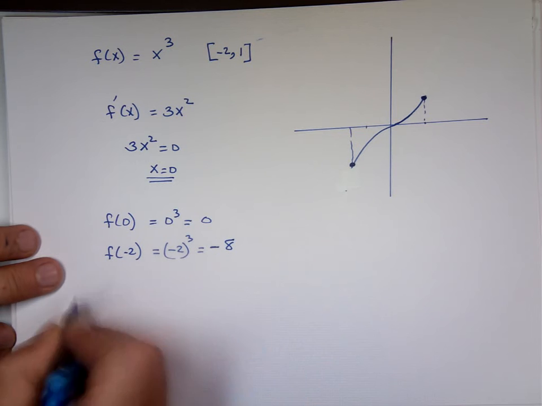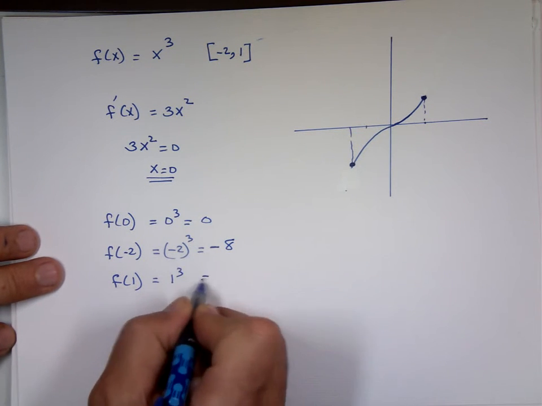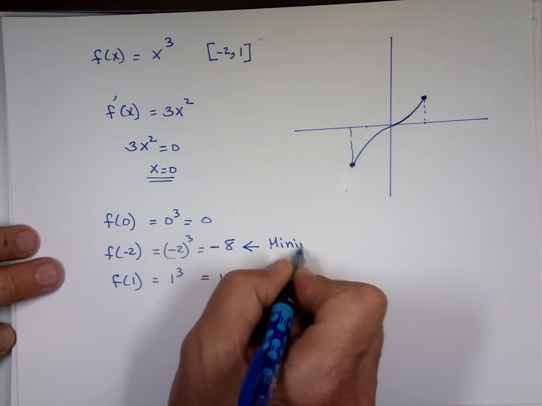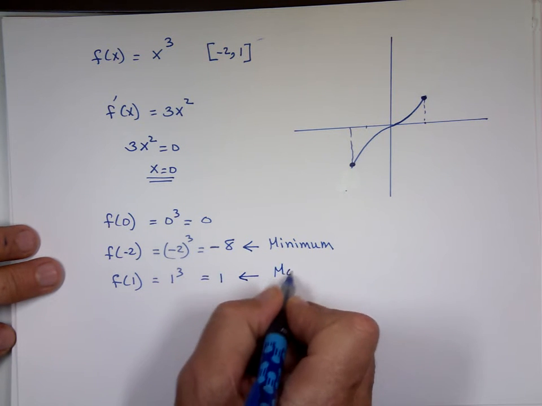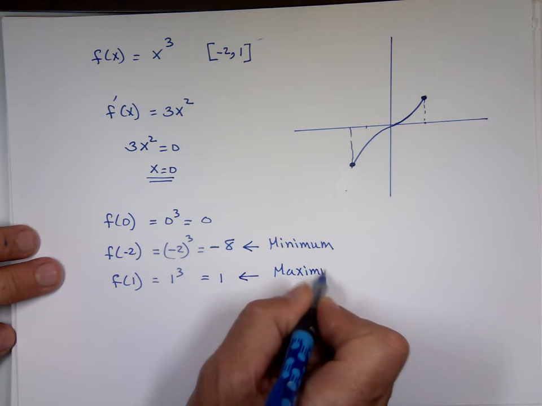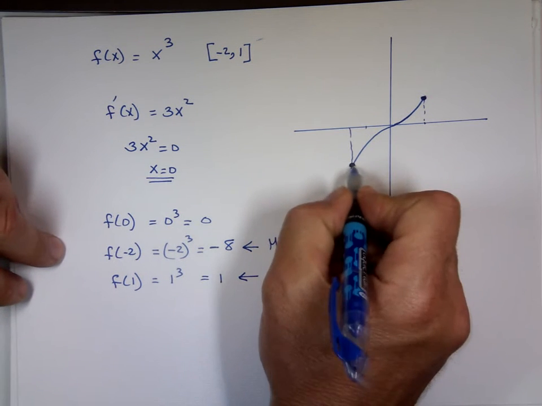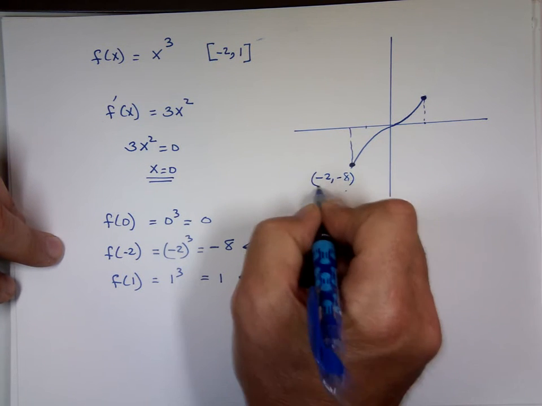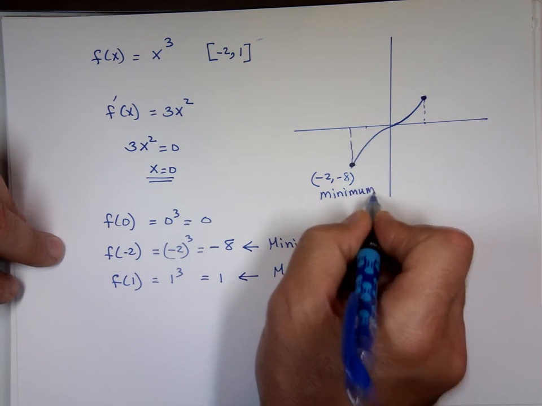And what's f of 1? Isn't this your minimum? And this is your what? Maximum. And you can see from the picture, that's my minimum, -2, -8, obviously that's not to scale. And my maximum, 1 and 1.